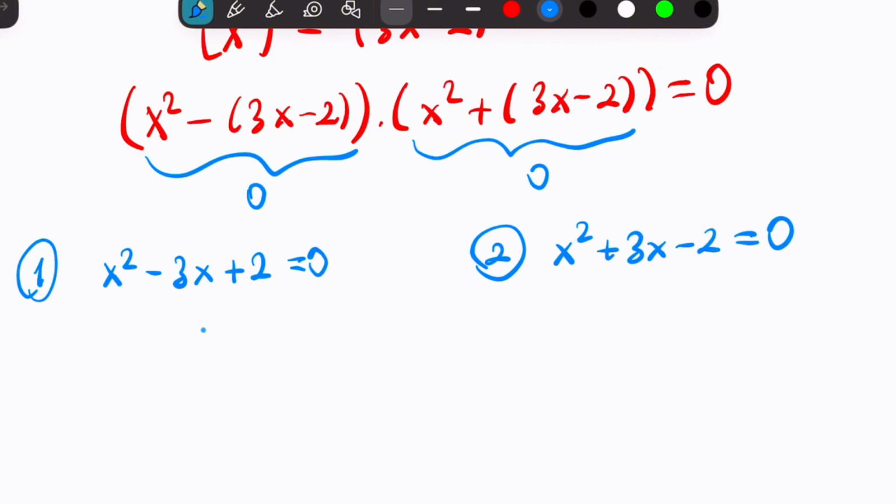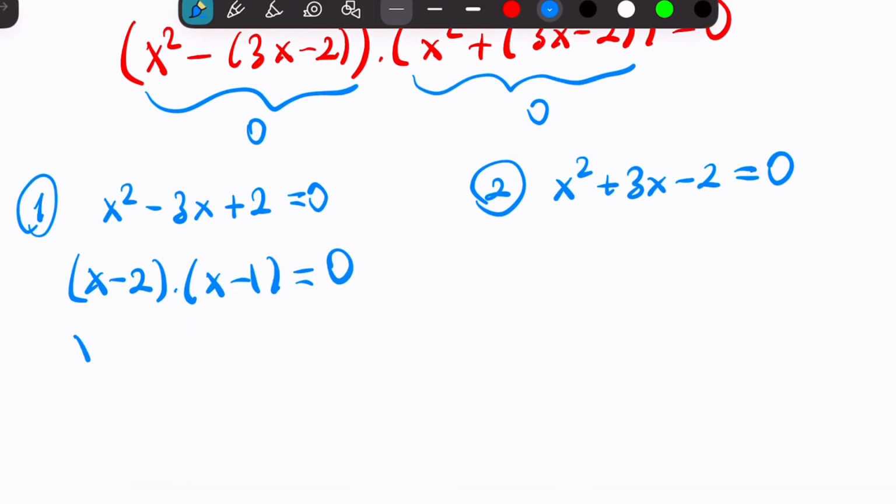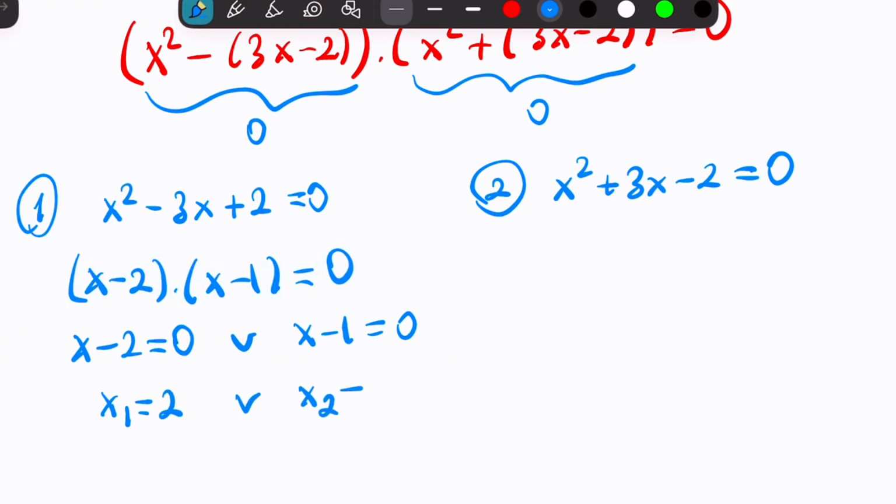It transforms into (x minus 2) times (x minus 1) equal to 0. Equating each to 0: x minus 2 equals 0 and x minus 1 equals 0. What we call x1 is 2, and x2 is 1.